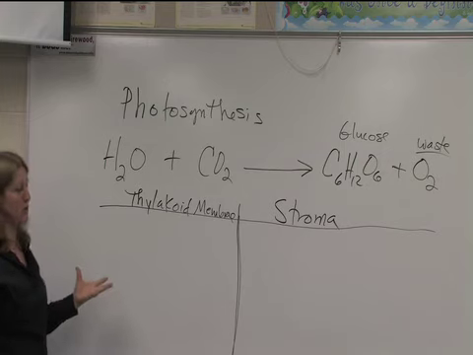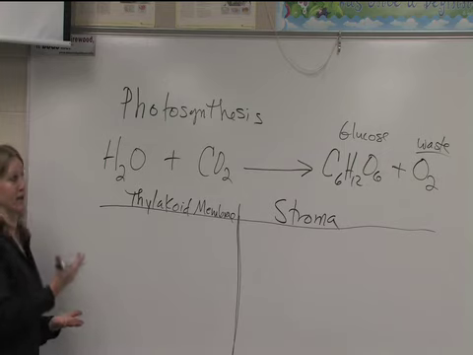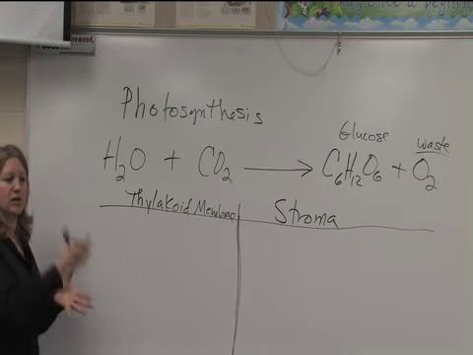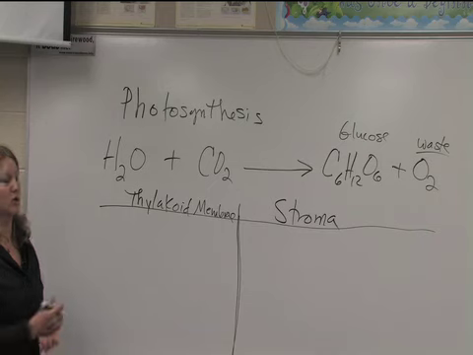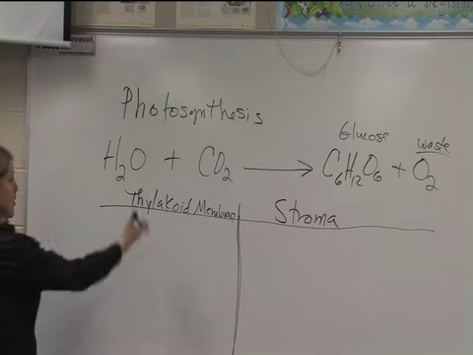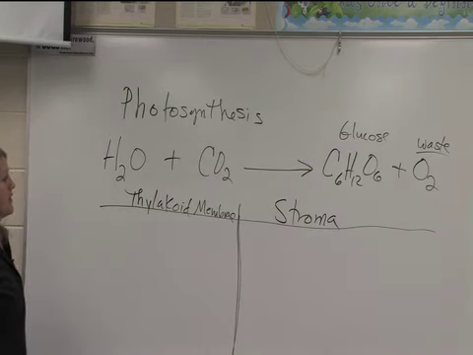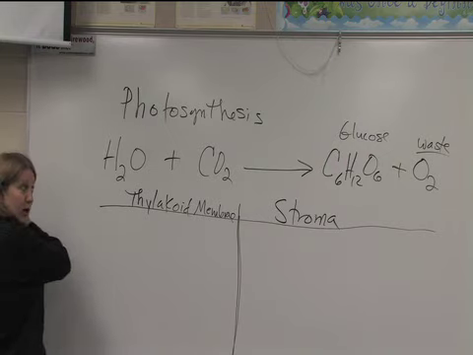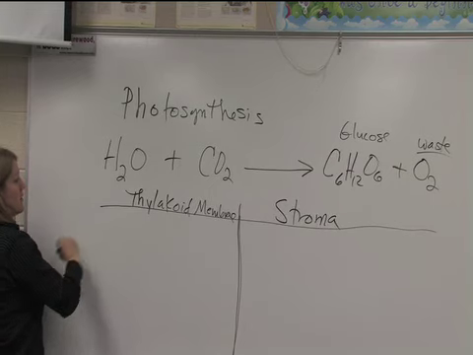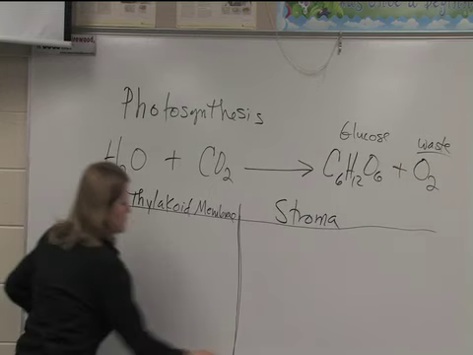These embedded proteins are important because we're going to have a channel protein that's an embedded protein, and then proteins that are going to hand off electrons down an electron transport system. So embedded in the membrane of the thylakoid. So this reaction on the thylakoid membrane of the chloroplast is called the light-dependent reaction.